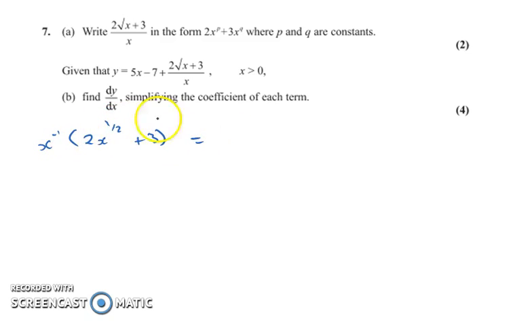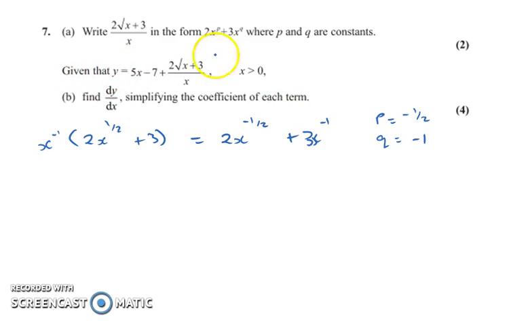A half, take away 1 is x to the minus a half, and then we have 3x to the minus 1. So it says we write it out in the form of 2x to the p, add 3x to the q, where p and q are constants. So p we've just found to be minus a half, and q we've just found to be minus 1.